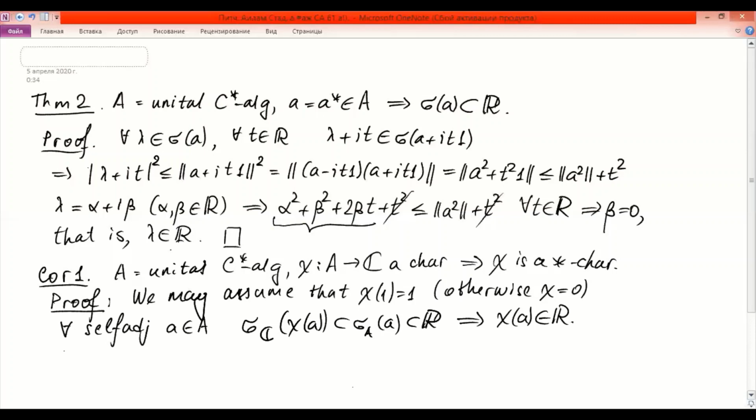If we now take an arbitrary element a in our algebra, then we can decompose it as b plus ic, where b and c are self-adjoint. So by the previous result, we see that chi of b and chi of c are real.